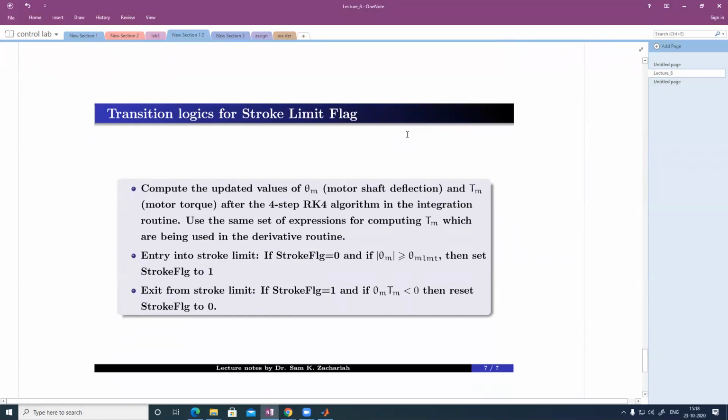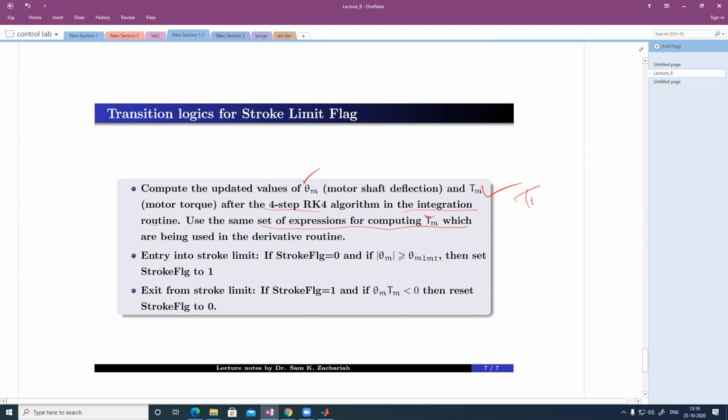So the transition logic for the stroke limit flag is as follows. You have to compute the value of theta m, that is the motor shaft deflection, and Tm is the torque. After the fourth step of the RK4 algorithm in the integration routine, use the same set of expressions for computing theta m.